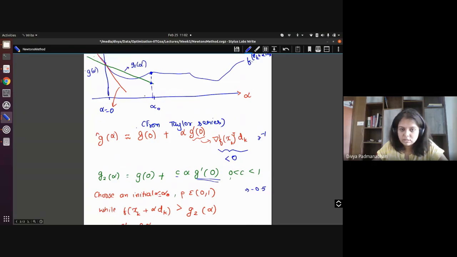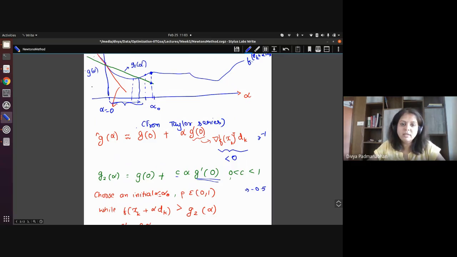Now again you do this, and it is still lying above. So maybe you reduce it further and so on, until you reach a point somewhere here where you are below this line. The idea is you always want to be within this interval. You don't want a step size greater than this.